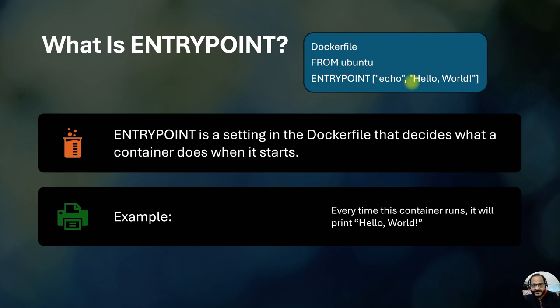So this is the behavior which we are setting up in a Dockerfile. For example, if we containerize our application, we want some DLLs to execute when the container starts, so that we can access our applications.